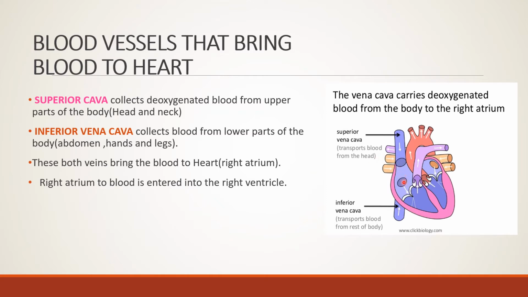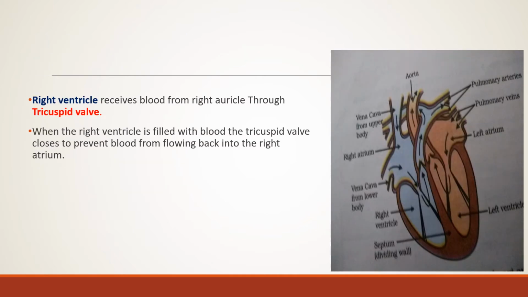From there, the deoxygenated blood is transferred from the right atrium to the right ventricle. Both the superior vena cava and inferior vena cava collect the blood from the body parts and bring it to the right atrium.